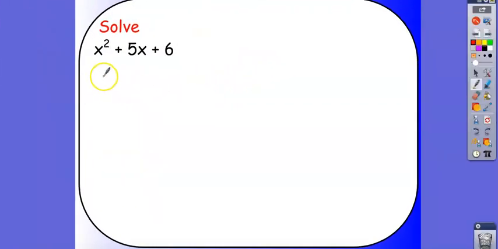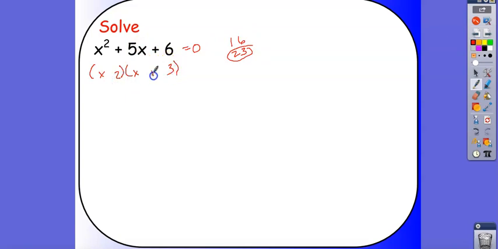Okay, this one. Okay, well, I'm going to see if I can factor it. I'm going to set it equal to 0 because I want it to be an equation. Two numbers that multiply to 6 who sum to 5. Be these right there.